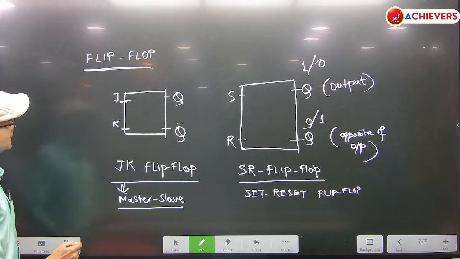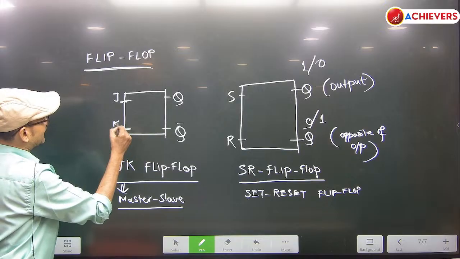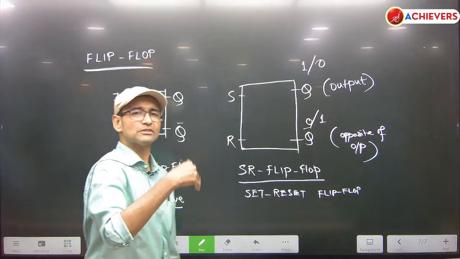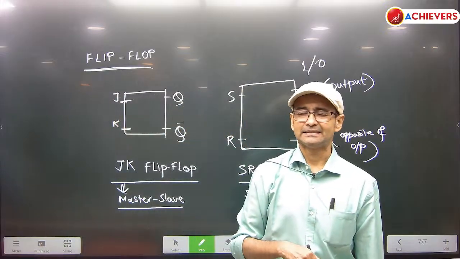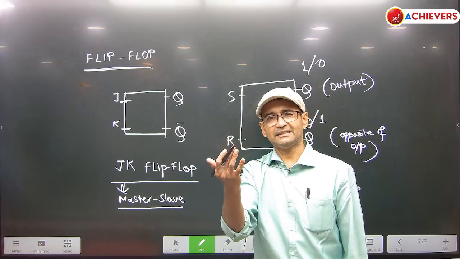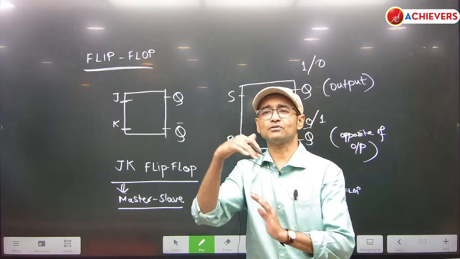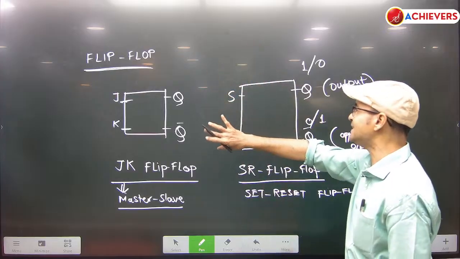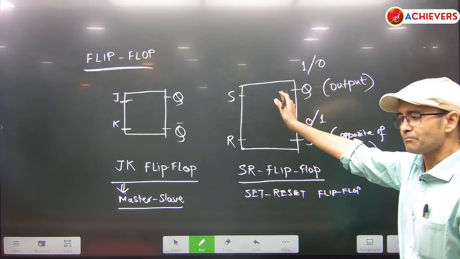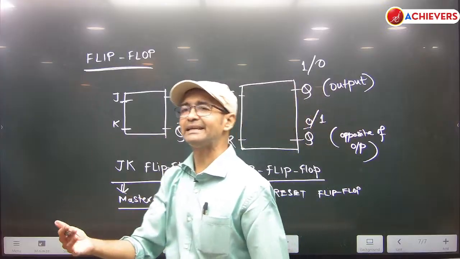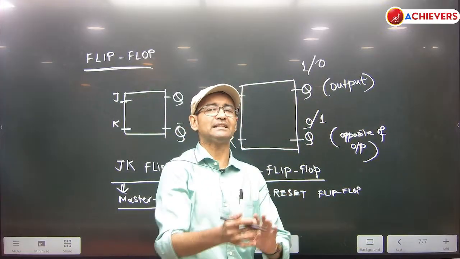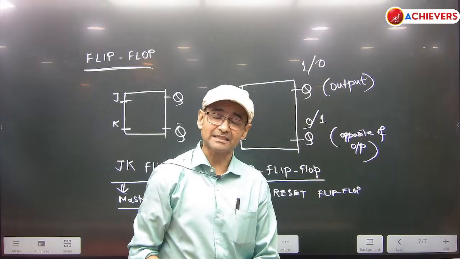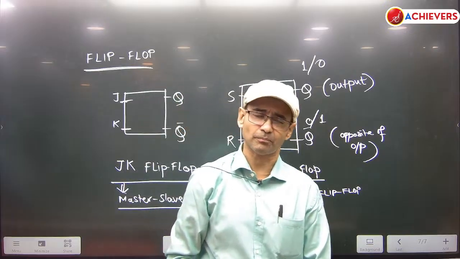Now over here, J follows K, because J is jack, the slave. The slave always follows the king, or master, in other words. So we will have different concepts of these flip-flops, the concept of what is a latch, and the difference between latch and flip-flop.